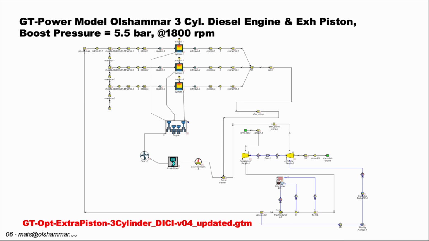So we cannot add a normal cylinder, but we have added a gear that is speeding up the crankshaft rotation by 50%, and that acts on a crank slider, and the crank slider acts on a volume that will simulate the extra exhaust cylinder, so to say. And here below you have the red text for the file that you can import from the olshammar.com website, and check this yourself.